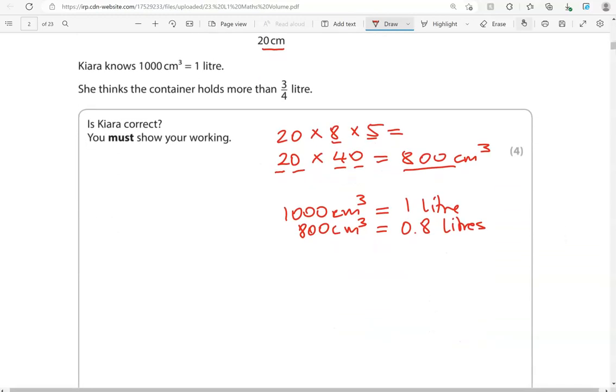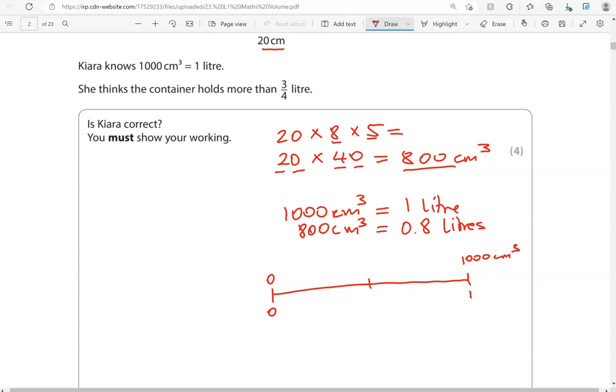It'd help if I put this on a number line. So there is 0 and here is 1. And there is 0, that's 1000 cubic centimeters.